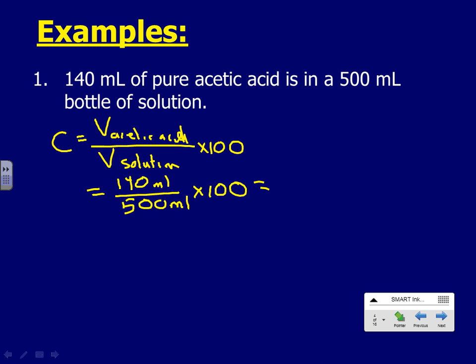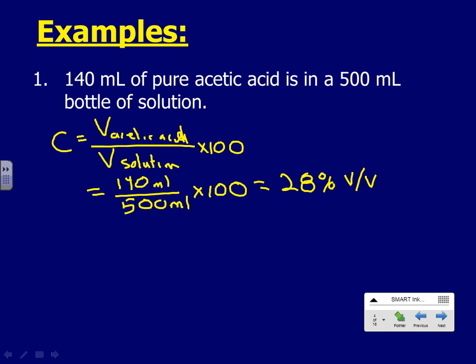What's the strength of this particular solution? Yep, 28% V/V, because we used volumes in there. Pretty straightforward. Calculate a percent.